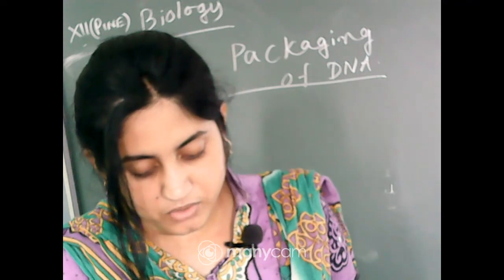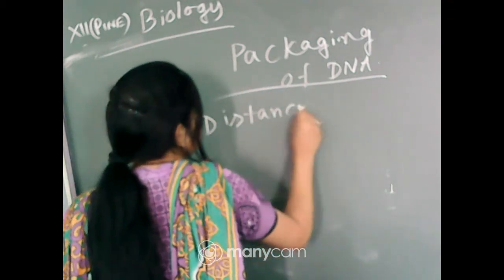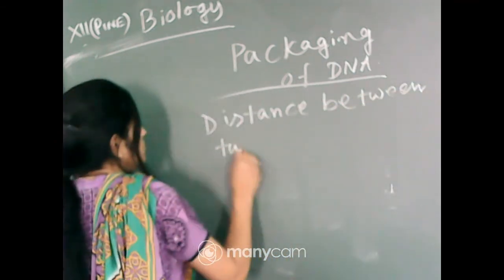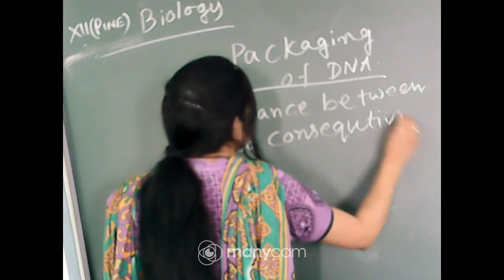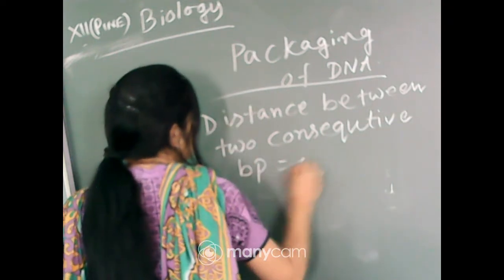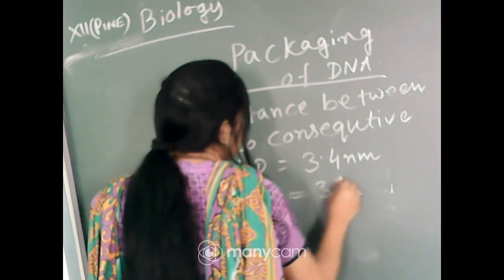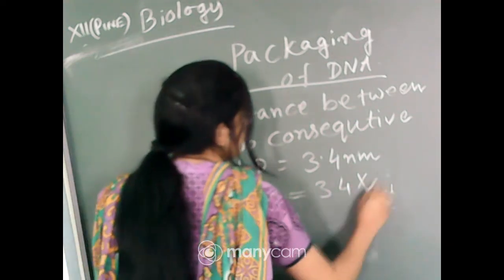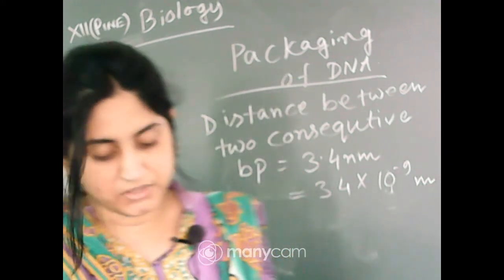The distance between two consecutive base pairs is 3.4 nm, or 3.4 into 10 to the power minus 9 meter. So, this is the distance between the two base pairs.